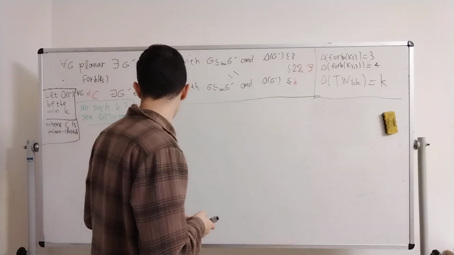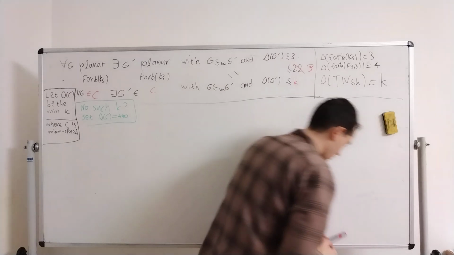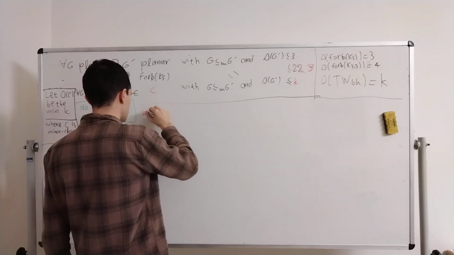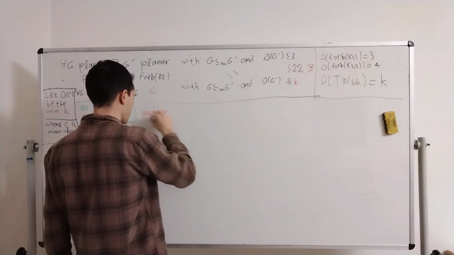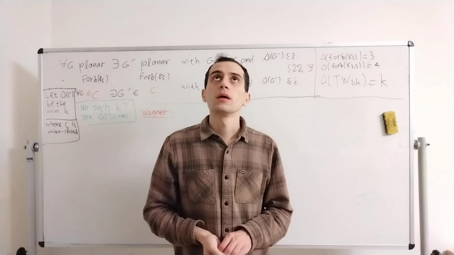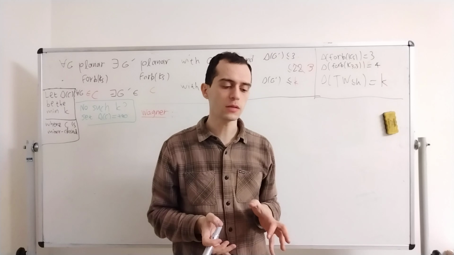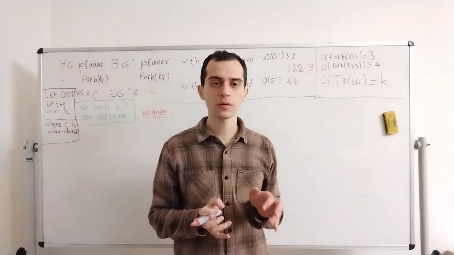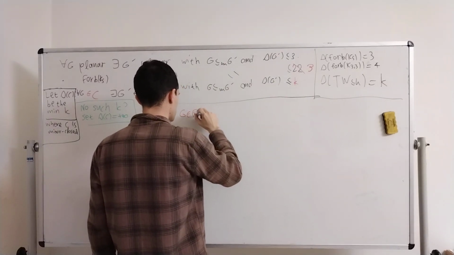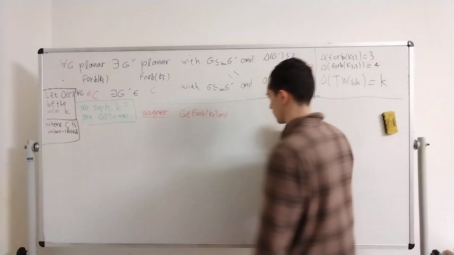So there is a structural theorem by Wagner from 1930 something. It says that every graph in form K5 can be constructed by the clique sum of planar graphs and the Wagner graph. That's an if and only if statement.